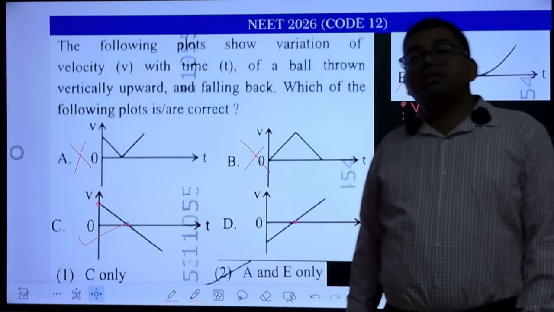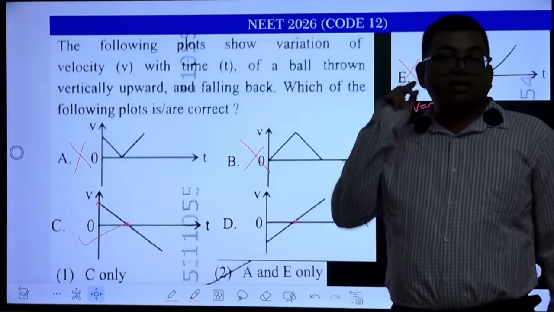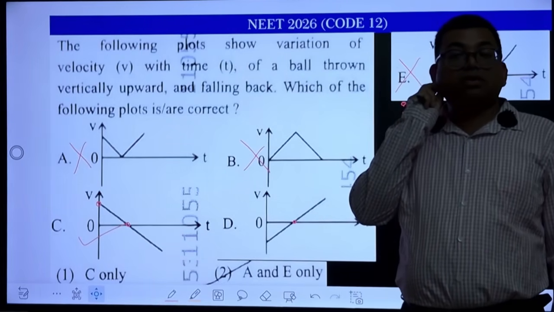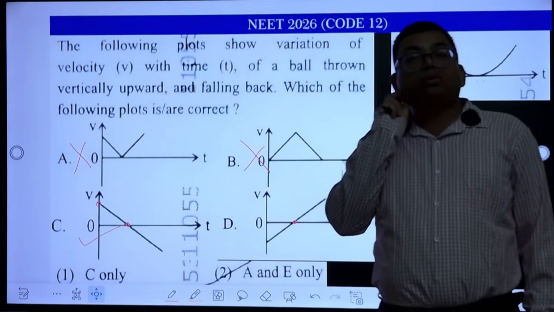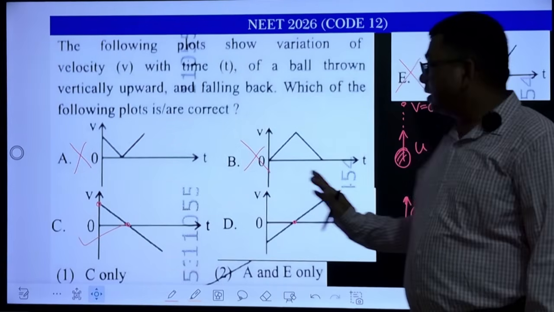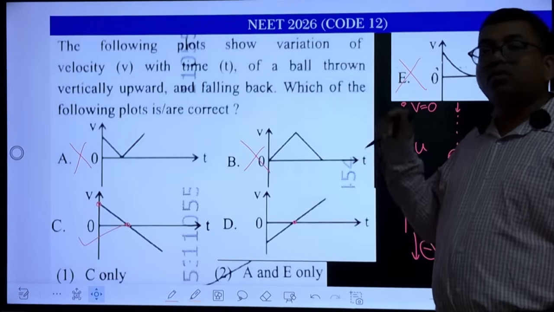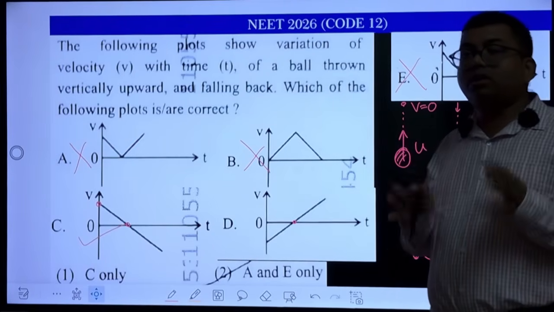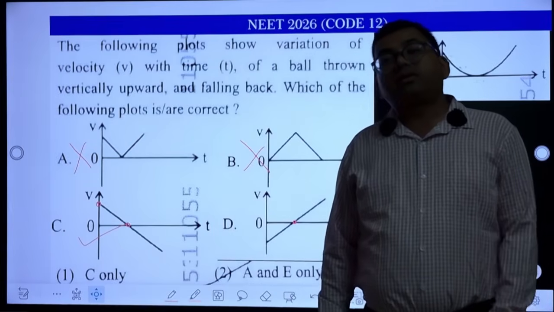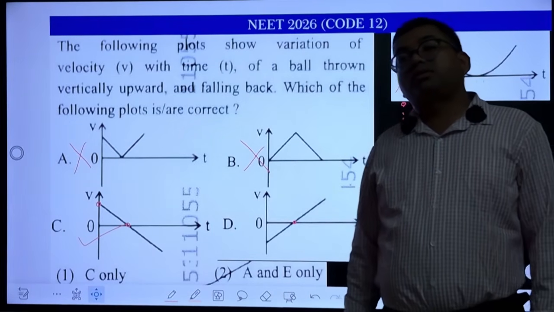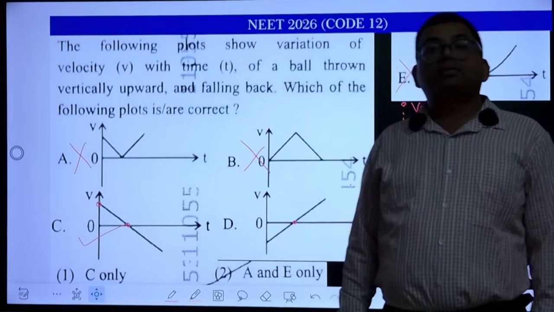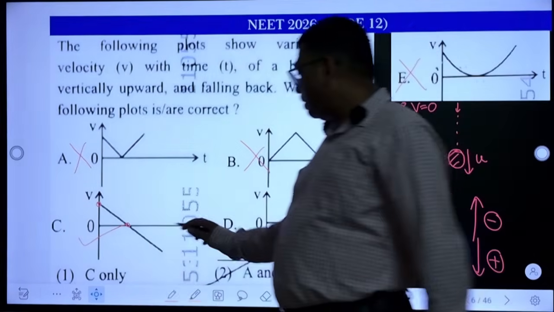So unless it is clearly mentioned what sign convention we have to take, according to the standard coordinate system we take upward direction as positive and downward as negative, but it is not a fixed standard. It can change because it's not an absolute thing, right? So we can have both C and D.